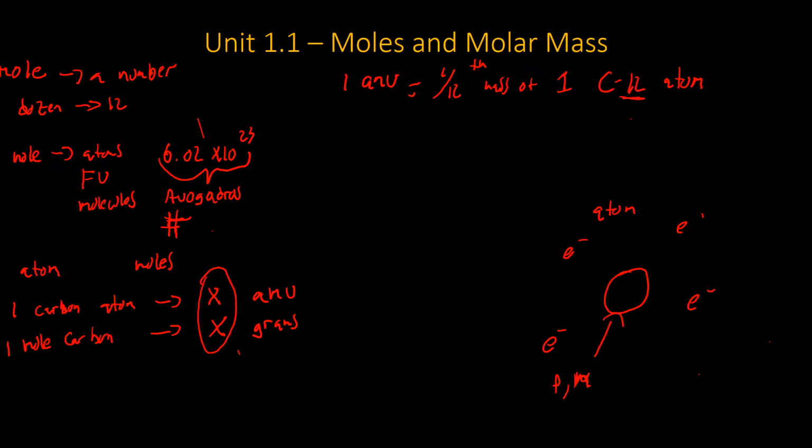This value of 12 is going to be the sum of the number of protons plus the number of neutrons in the nucleus. So given that, one atomic mass unit is going to be 1/12 the mass of one C12 atom. And this C12 atom is the atom that specifically has 12 as the value for the sum of protons and neutrons. And that 12 value is going to determine the majority of the mass.